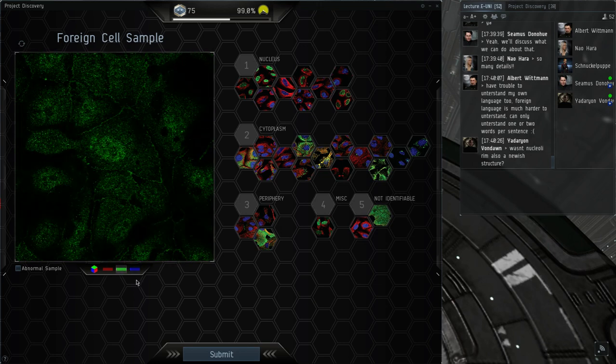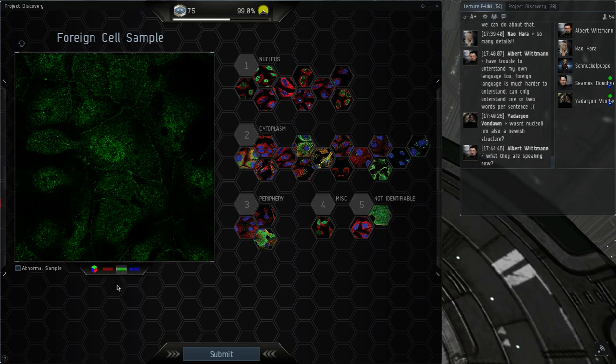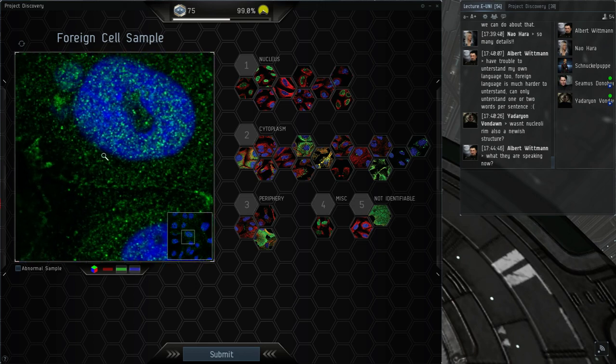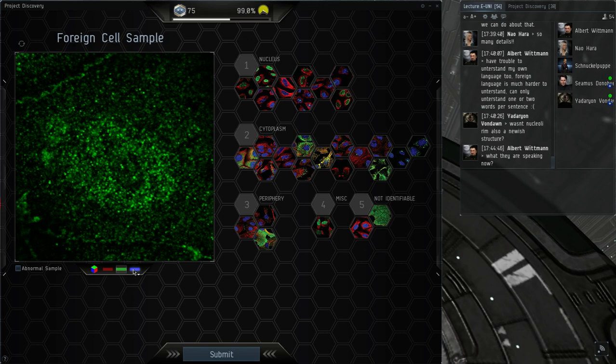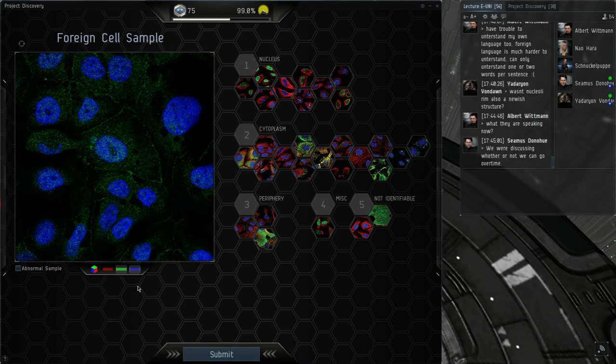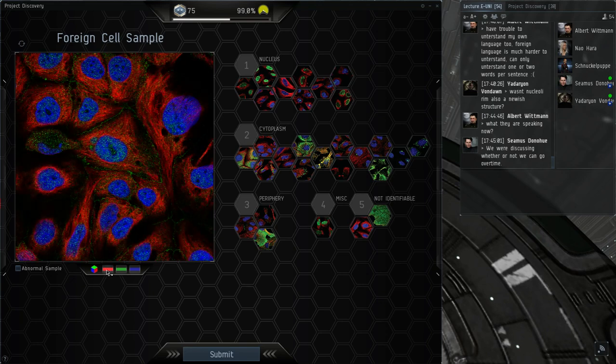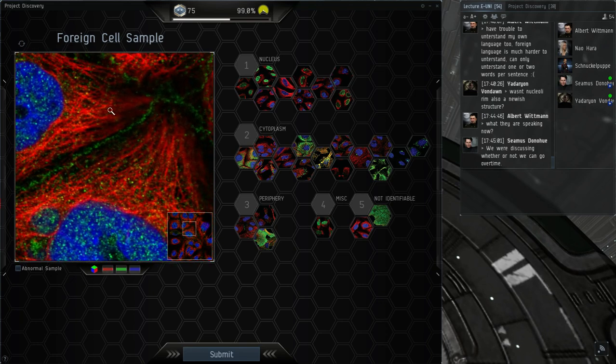So we were lucky. We got a really nice sample. We see something that is overlapping with the blue. I think this was a really nice example. We also see a very nice pattern of cell junctions, which is this staining between the cells.